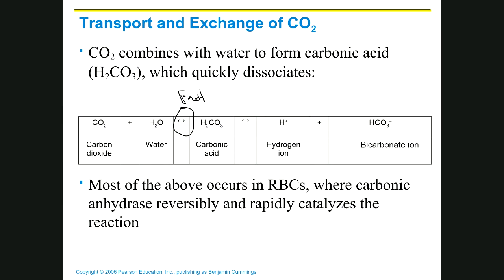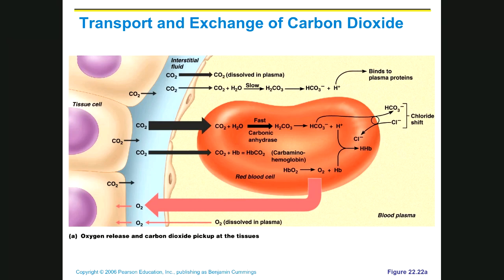So what happens to carbon dioxide is that it enters the red blood cell, and there's the carbonic anhydrase right there. So carbon dioxide is going to combine with the water that's in the red blood cell, and we're going to get carbonic acid. And that's going to dissociate into a hydrogen ion and a bicarbonate ion.